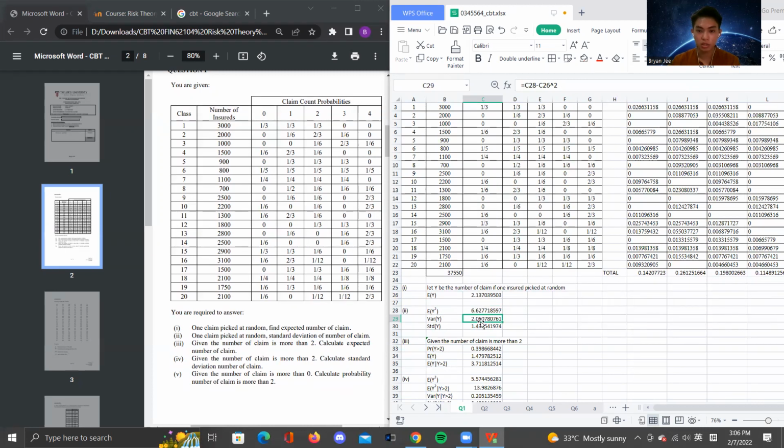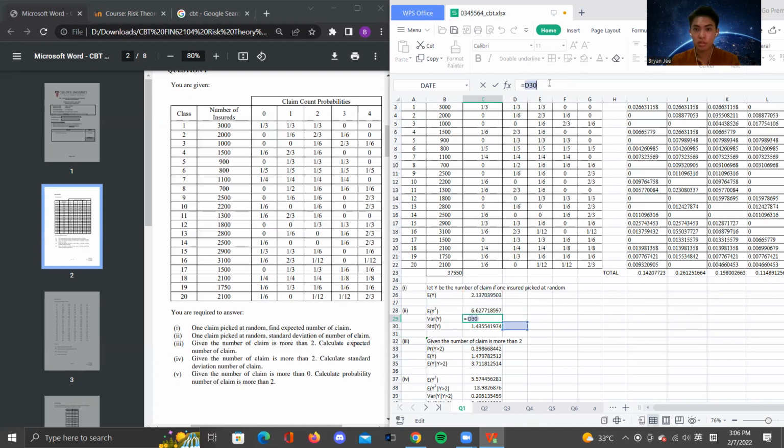So how do we find the variance? The variance is just the expected value of Y to the power of 2 minus the expected value of Y, the whole thing to the power of 2. This is the difference: the expected Y to the power of 2 and the whole expected Y to the power of 2 are not the same.